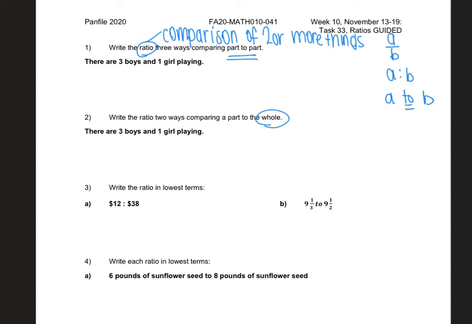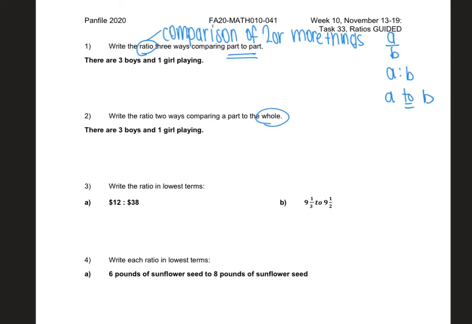So if there are 3 boys and 1 girl playing and we're comparing parts, first off, they have to tell us, we would want more information on this. So are we comparing boys to girls or girls to boys? If we were comparing boys to girls, the 3 ways we could write that are 3 to 1, 3 over 1, or 3:1.